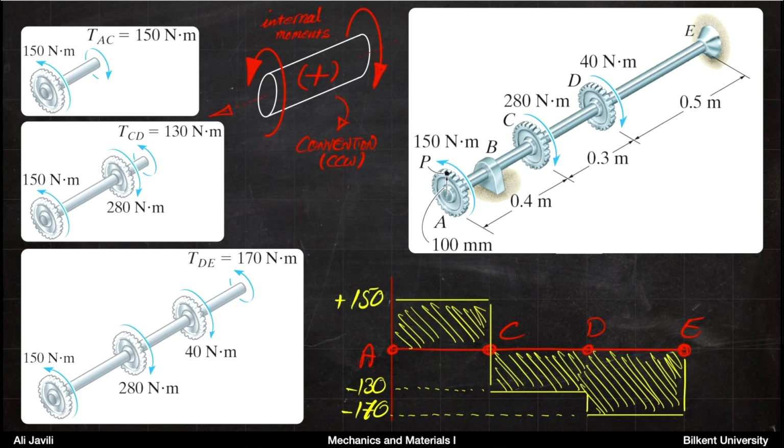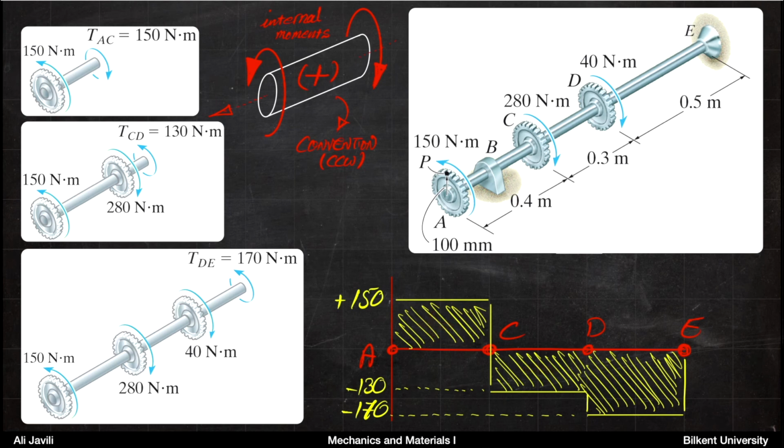And obviously you can imagine that you need 130 Newton meter in the direction shown. And if you compare that direction with our convention, you see that it's opposite to what we expected to have. So it's minus. So you get a minus 130 Newton meter from C to D.